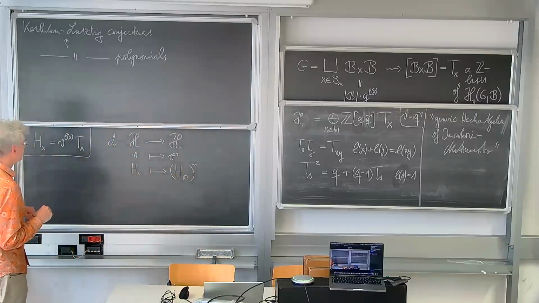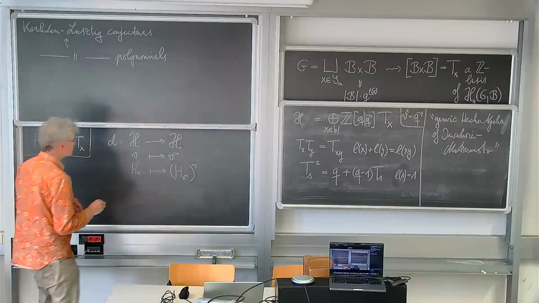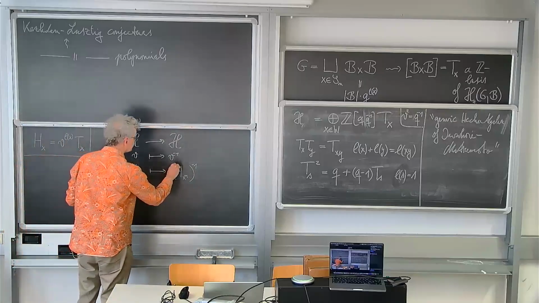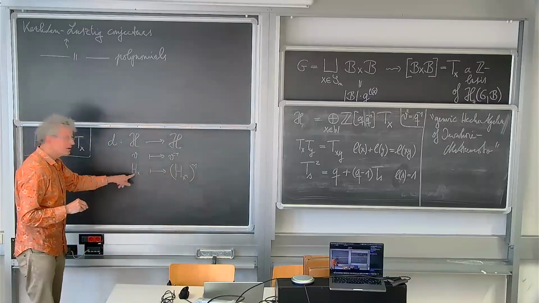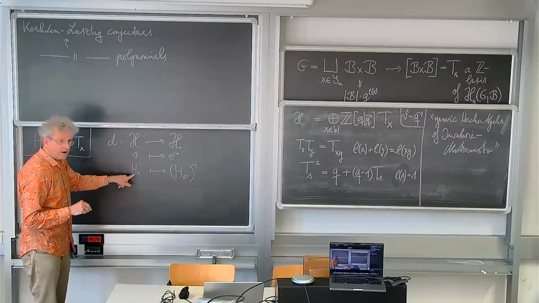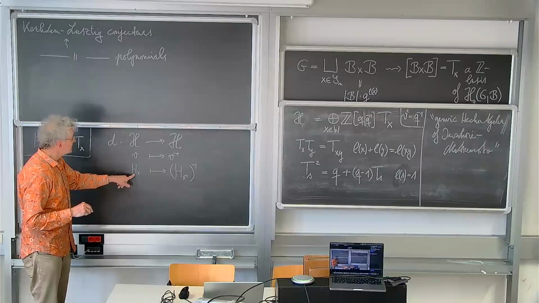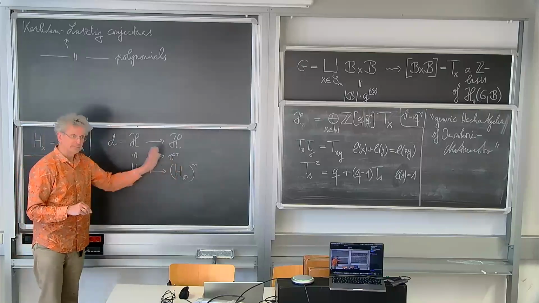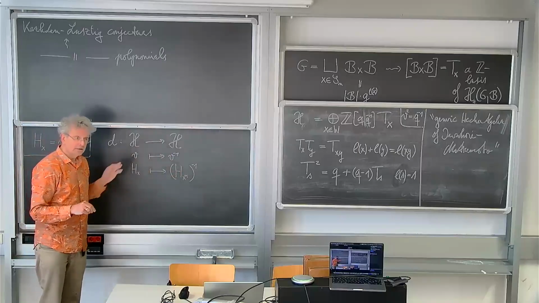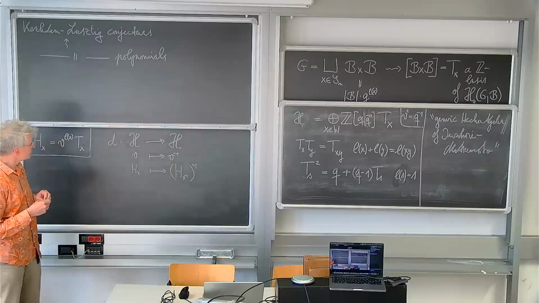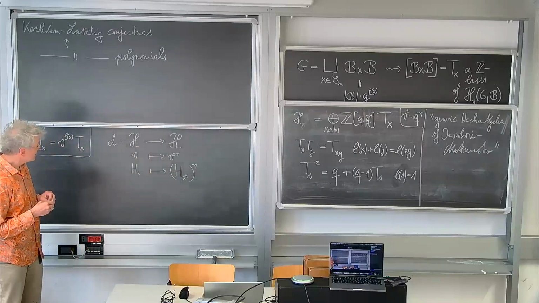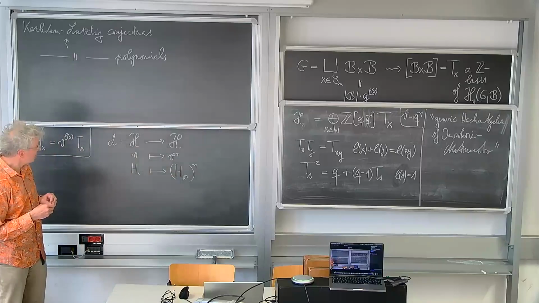And for this to make sense, you should check that these elements are actually orthogonal, but they are. And then you have to check that this is an algebra homomorphism given by these rules, and this is easy to check once you know the following.